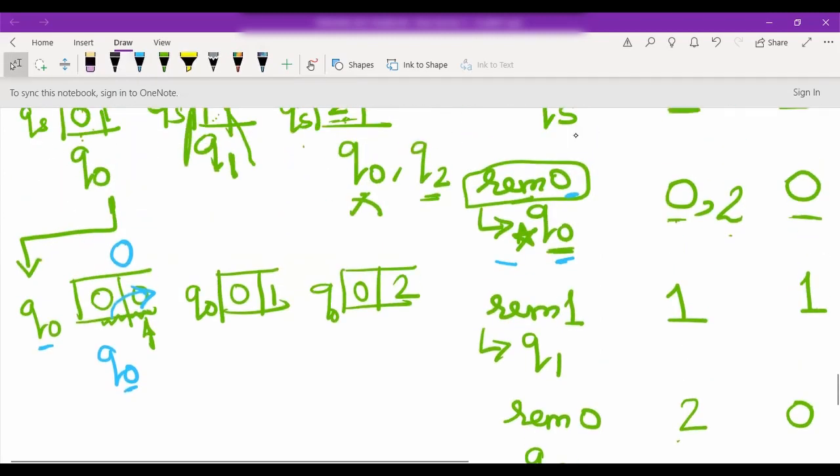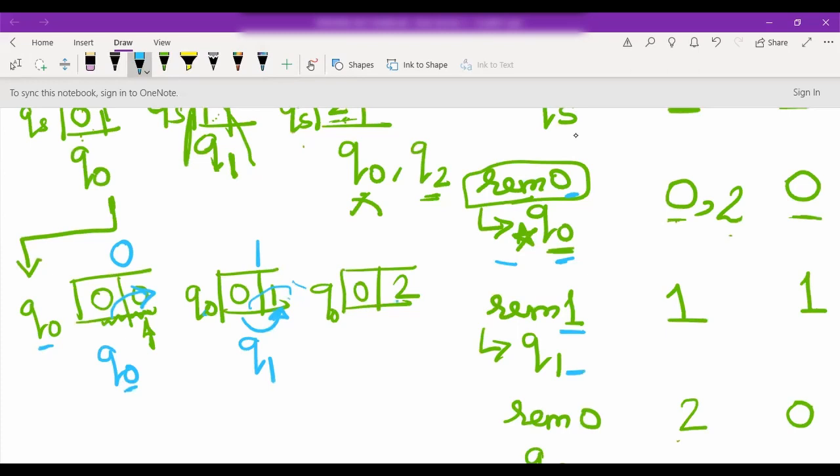Now Q0 with the next bit as 1, generating the number 1. Number 1, when divided by 2, goes to the remainder 1 condition. That is already present here. So Q0 with the current bit as 0, with the next bit as 1, generates remainder 1 and goes to the next state Q1. That is already there. Now Q0 with 2, that is number 2.